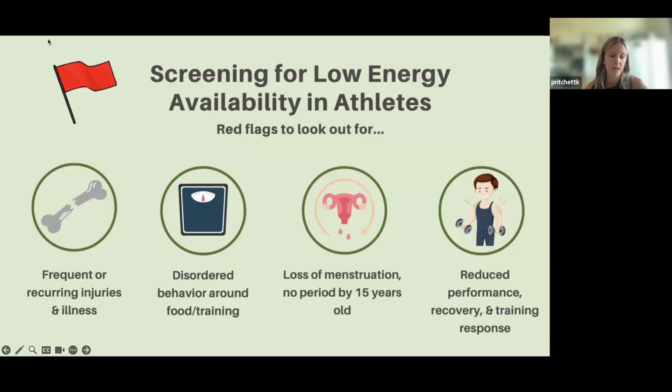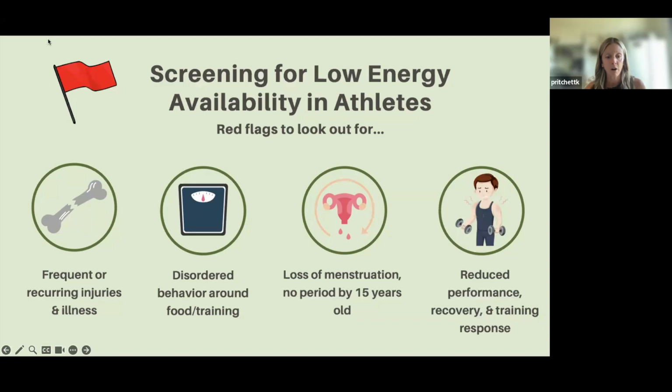And then there's even more site-specific information from an injury standpoint. Frequent illness as well. If you have an athlete that's commonly sick, they're not able to get over upper respiratory tract infections, those sorts of things, if they're commonly complaining of those.